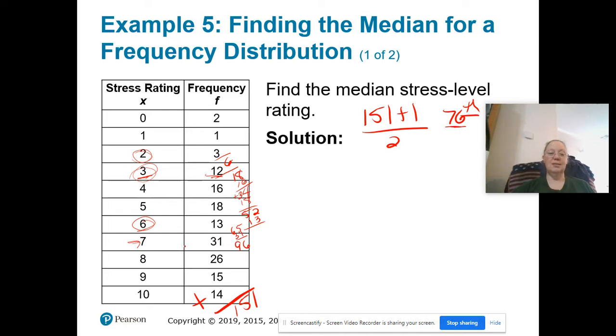Notice that in my 31 sevens, I hit the 76th number. So my median is going to be 7, because I hit my 76th number between 6 and 7. Does that make sense? I hope that makes sense.